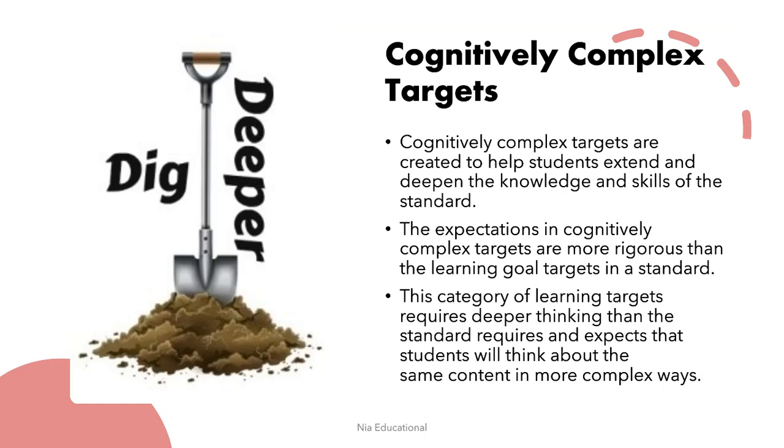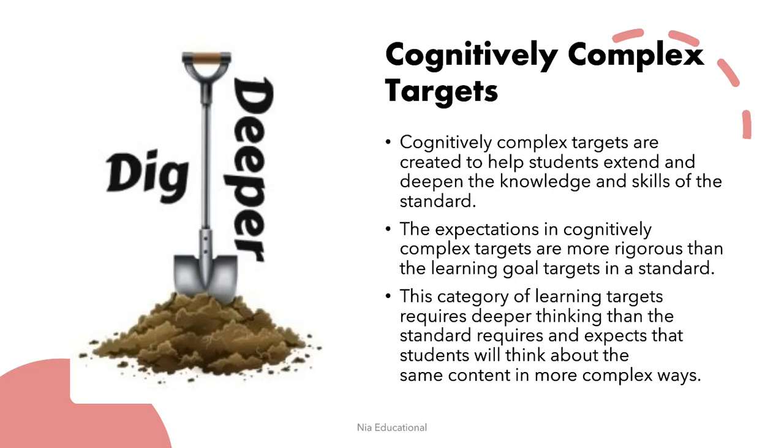Now, cognitively complex targets are created to help students extend and deepen the knowledge and skills of the standard. We're stretching them. Cognitively complex targets are going to stretch the students further than what the standard is asking them to do. We're going to those higher levels of Bloom's taxonomy where we're asking them to synthesize, analyze, evaluate.